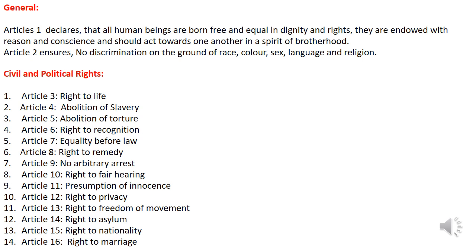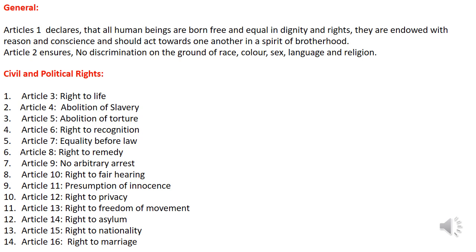Coming to Article 2. This ensures that there is no discrimination on the ground of race, color, sex, language, religion. According to this article, everyone is entitled to all the rights and freedoms set forth in the declaration without any distinctions like race, color, sex, language, religion, political or other opinion, national or social origin, property, birth or other status.